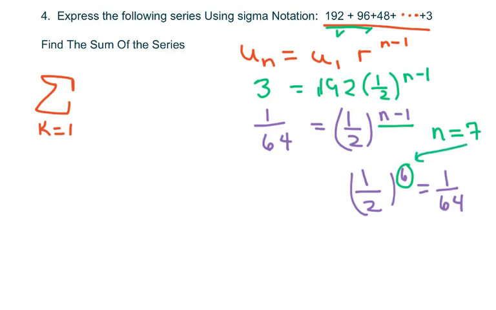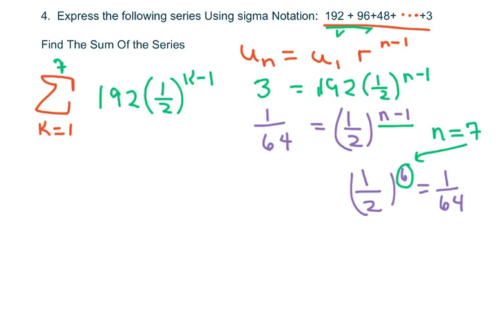So I'm going to go to 7 on my summation notation, and then I'm going to just write it out. My first term was 192, and then you put your r in, which is 1/2, and then you just write k minus 1.